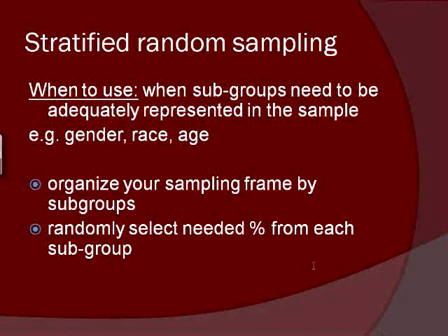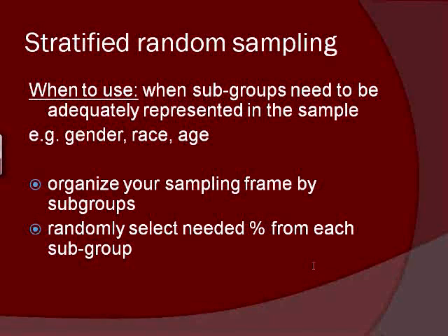The third method is stratified random sampling. It's not necessarily an alternative to simple random sampling or systematic sampling, but it's sort of an addition or a more sophisticated method that adds one additional element on top of everything else that's done there. If you remember quota sampling from the nonprobability sampling methods, this is a very similar method.